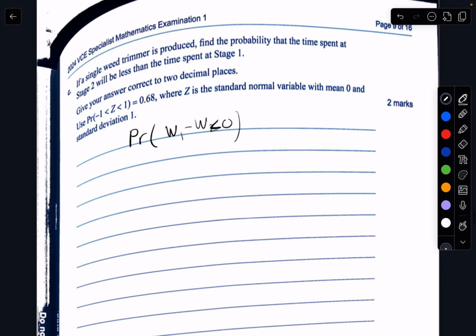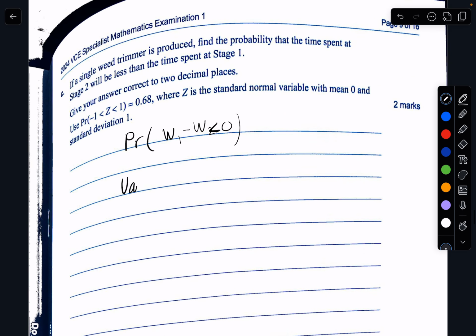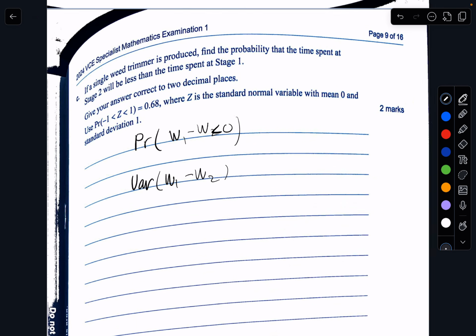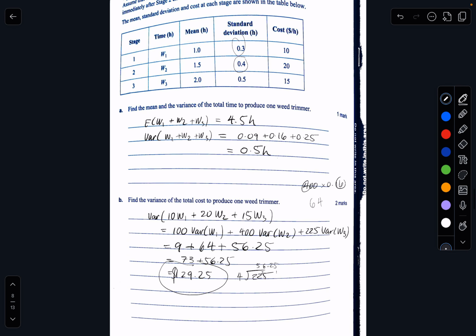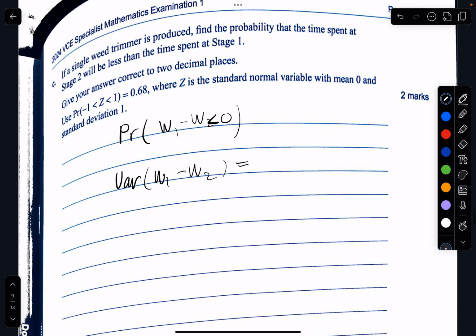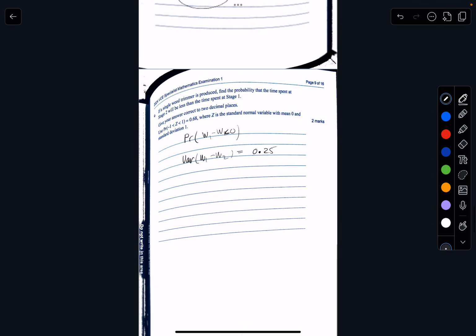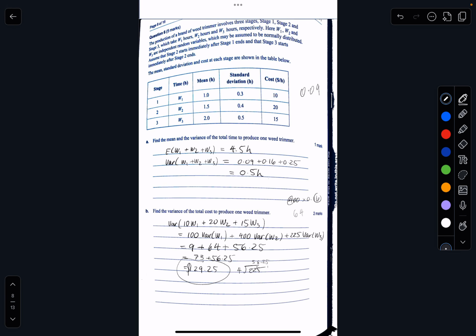Okay, so we need the variance of W1 minus W2, which is just you add the variances. So that will be 0.3 squared, so 0.09, plus 0.16. So the variance is 0.25 if you add them.